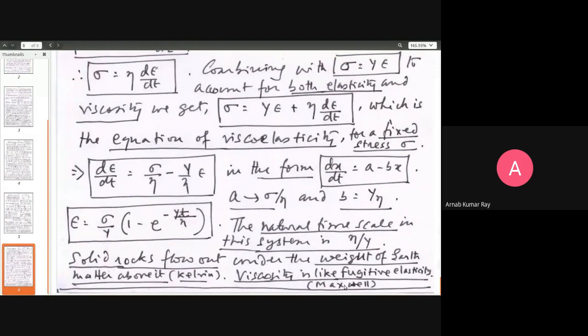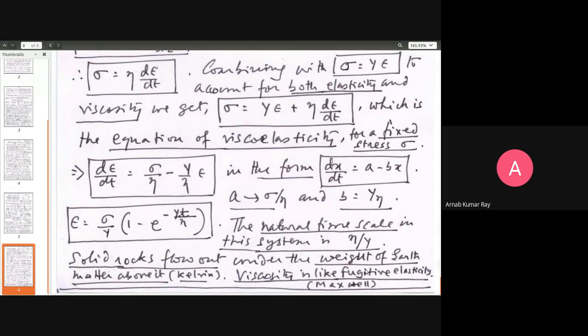Maxwell, your old friend from electromagnetic theory, gave the viscosity of these kinds of materials the name fugitive elasticity.